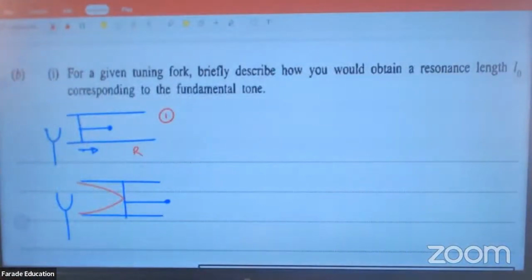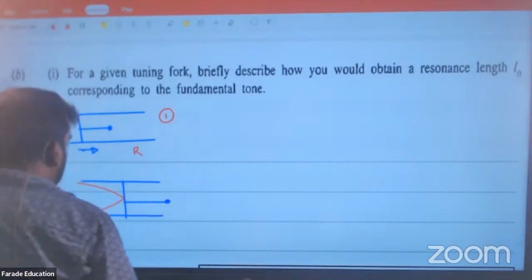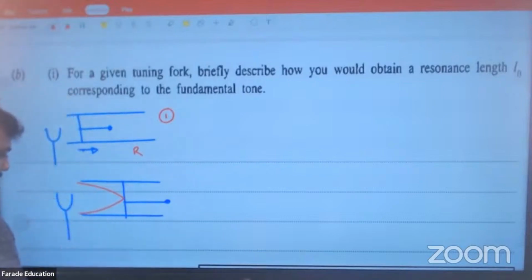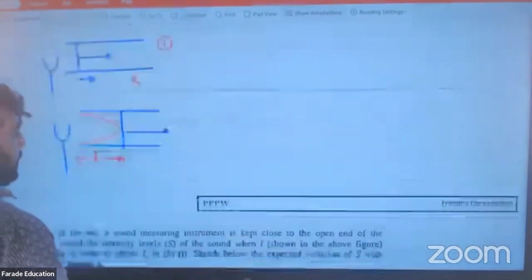At a particular instant, the first loud sound is heard. Measure the vibrating length.